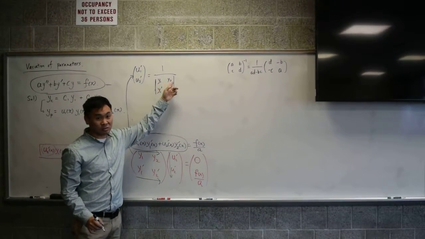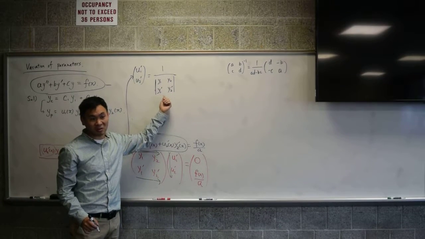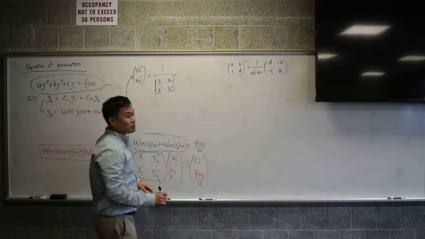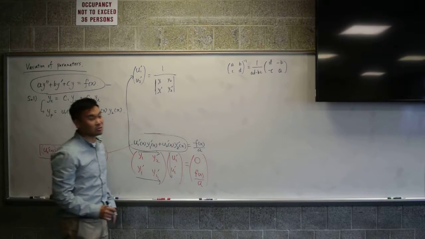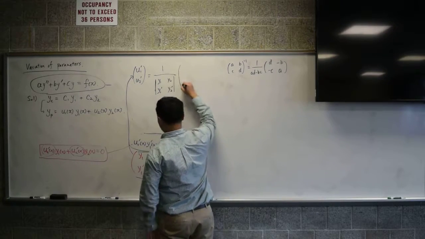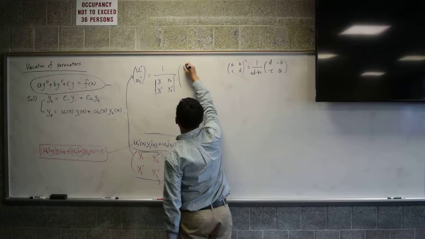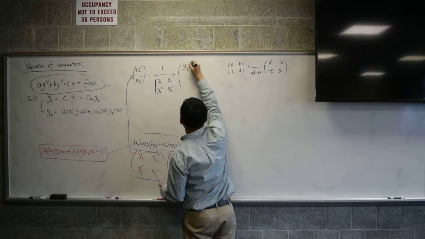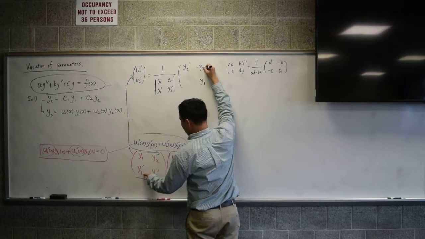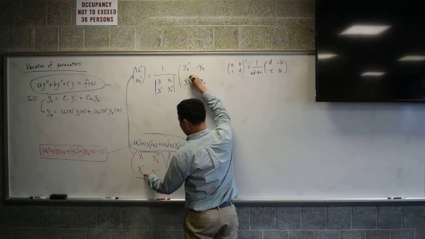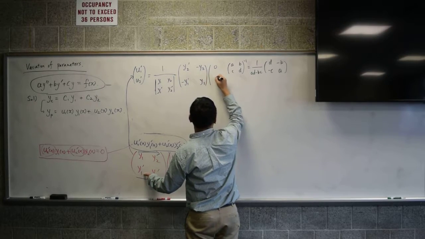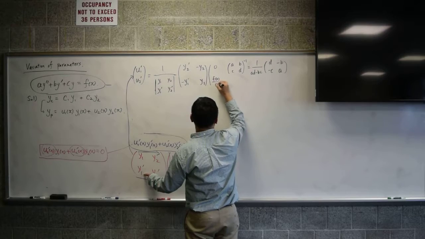You have two functions, and their derivatives, and you take the determinant. Wronskian of two functions. Okay. So somehow magically the Wronskian appears, and we have to switch these two around. So you have y2 prime here, y1 here, and negative y2, negative y1 prime, times 0 and f of x over a.